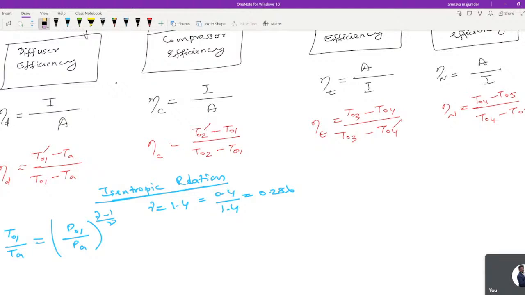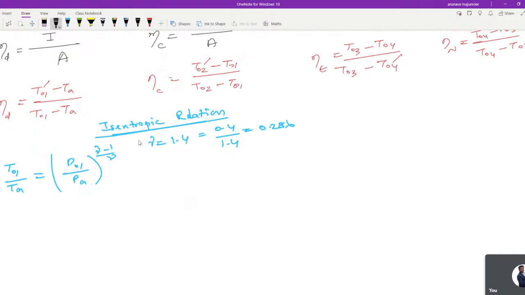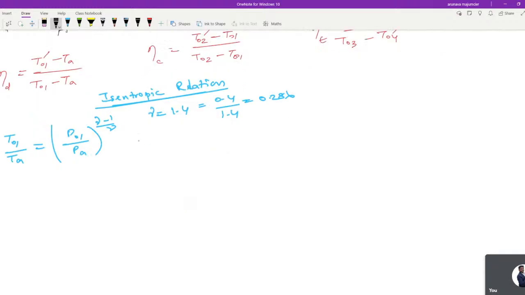So you can also follow the same tactics, right? So here is gamma minus 1 by gamma. I can rearrange this previous equation. Here we have equations like eta d equals T naught 1 minus Ta by T naught 1 by Ta, right? Sorry, here we have missed the prime because it's an isentropic relation, that is the ideal equation. So I can take Ta common: Ta equals T naught 1 by Ta minus 1, I will get by T naught 1 minus Ta.